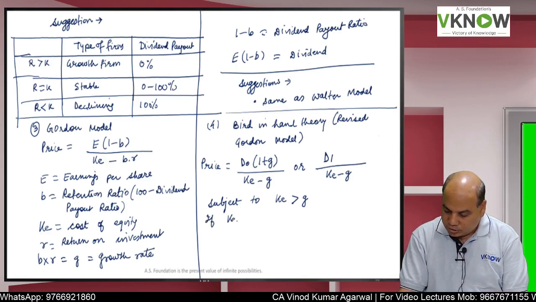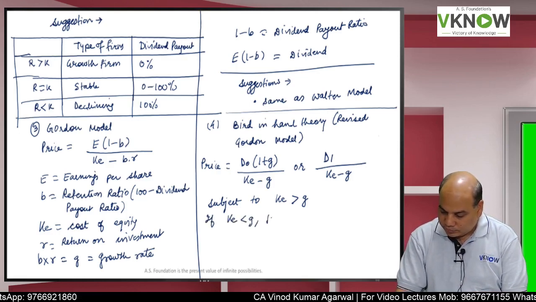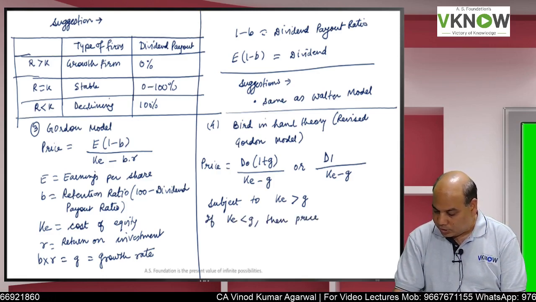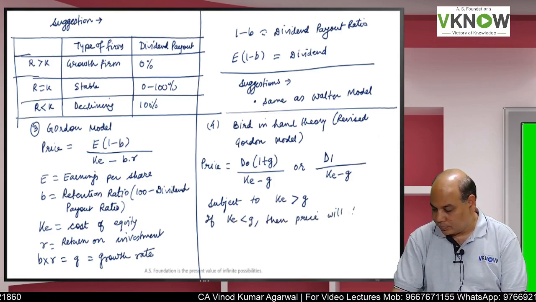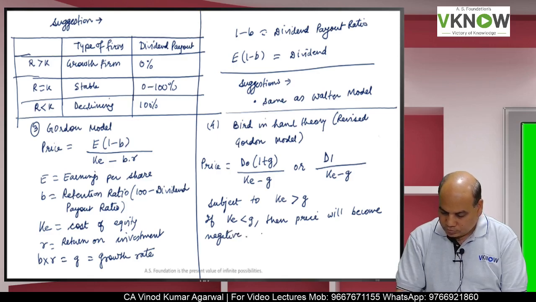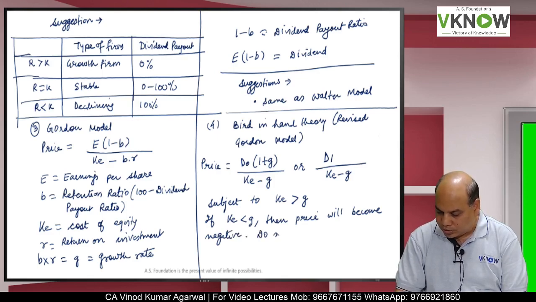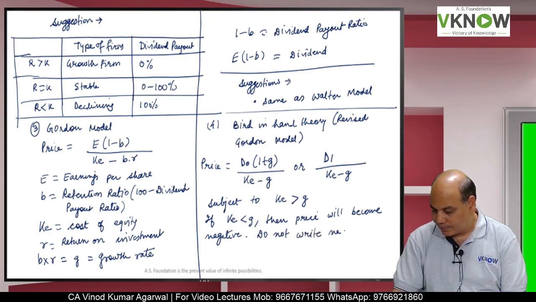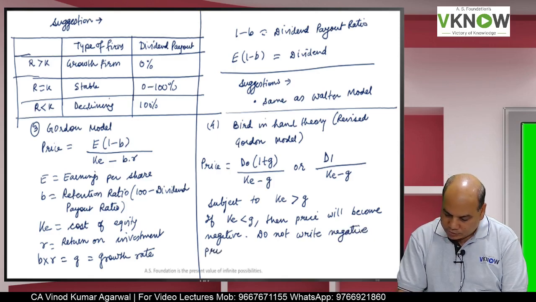If Ke is less than G, then price will become negative. Do not write negative price in the answer.